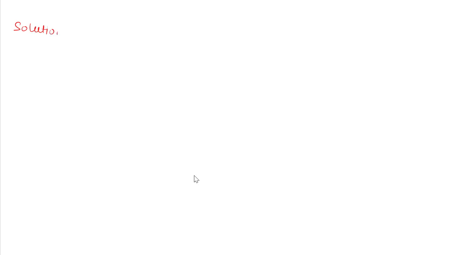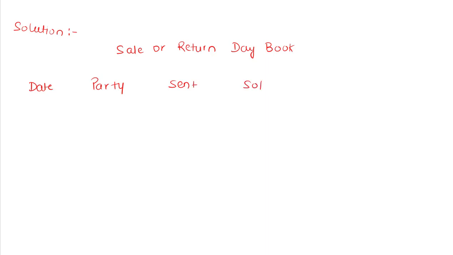Solution. Prepare the sale or return day book. The columns are: date, party, goods sent, goods sold, goods returned, and balance.